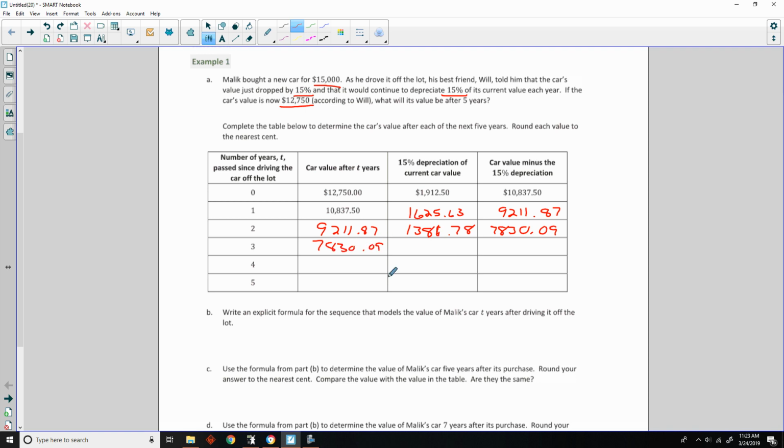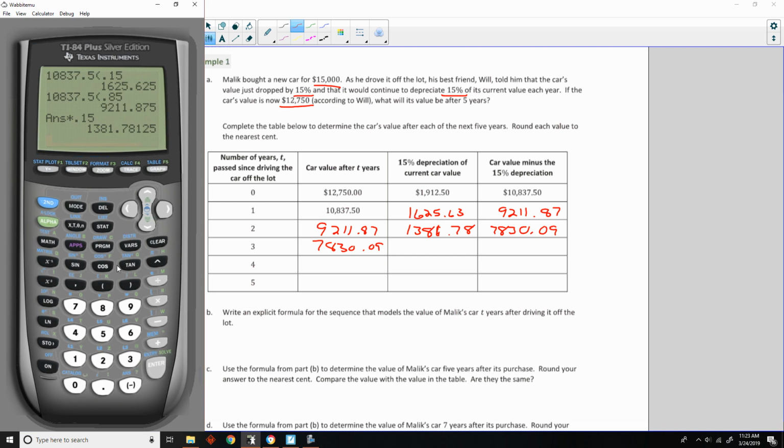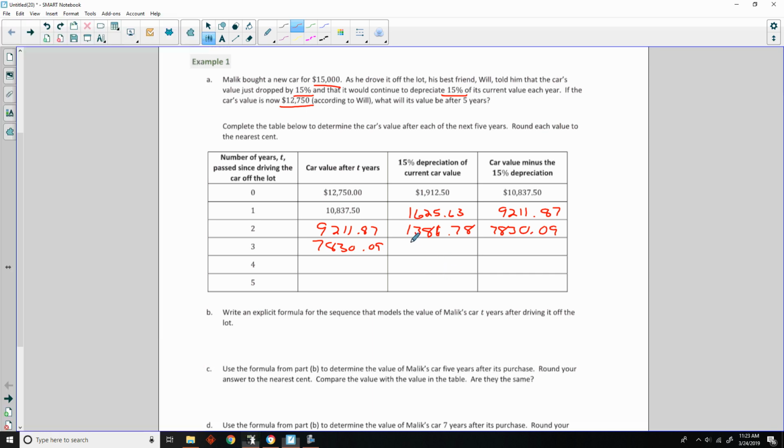7,830.09. Then I take that amount times 0.15 and get 1174.51.